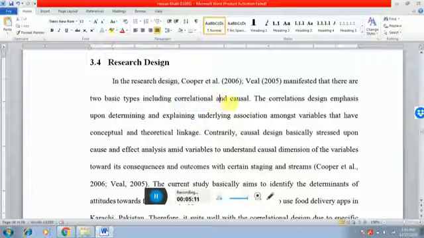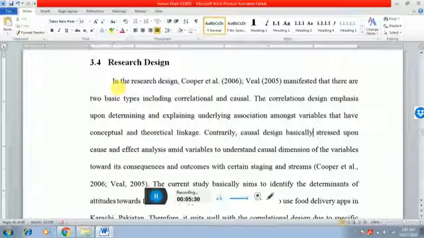But if you made the hypothesis like this, satisfaction has a positive and significant impact on loyalty, then it must be correlation and causal both, because you are going to check the relationship as well as the impact.